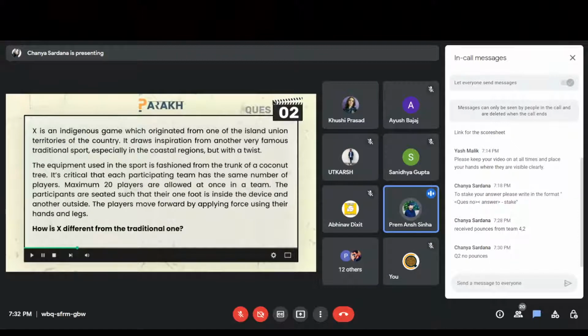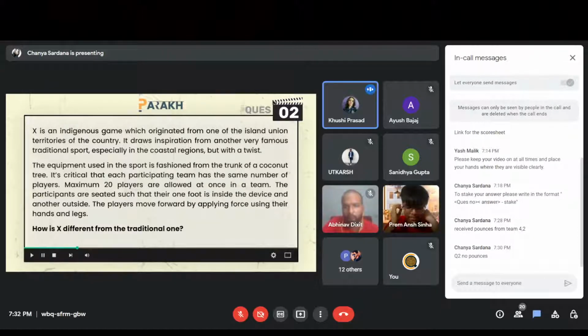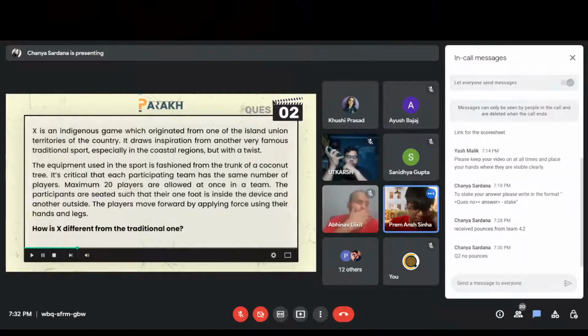This could be a row racing competition where they do not use the basic spades and they use their legs to move the boat. Aryan, do you have any guess? I think you can pass the question.